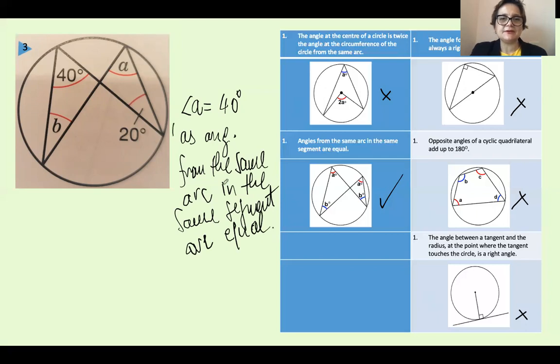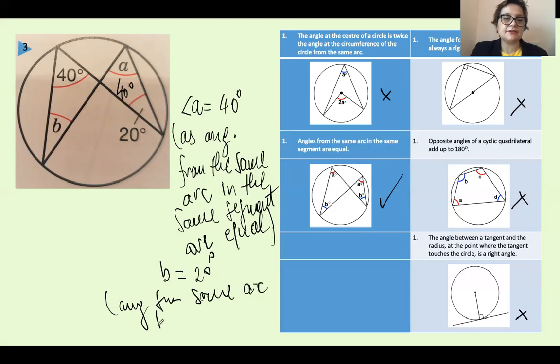There you go. So this angle here is 40 degrees. And of course, angle B equals 20 degrees for the same reasons. Again, angles from the same arc theorem. Just like that, and full stop.